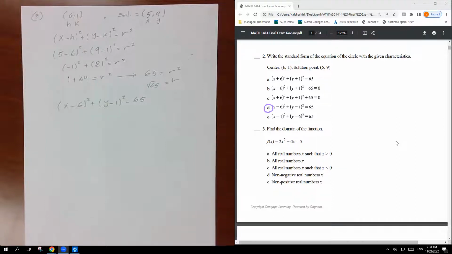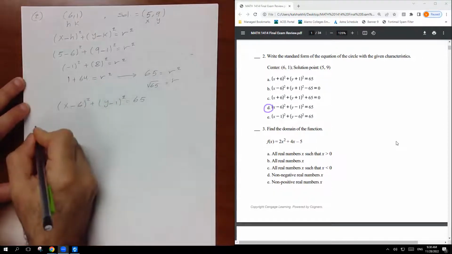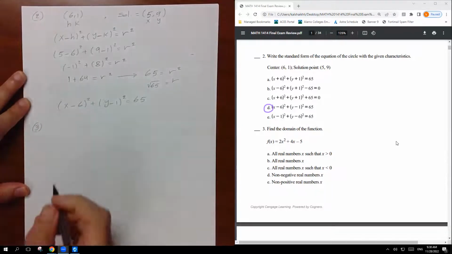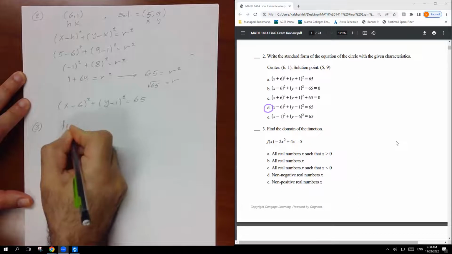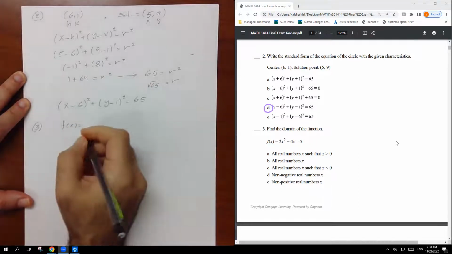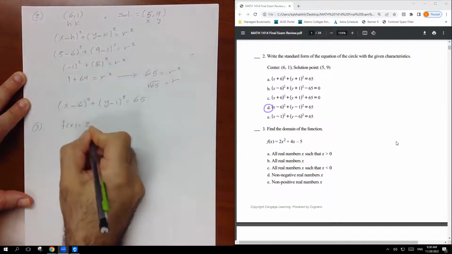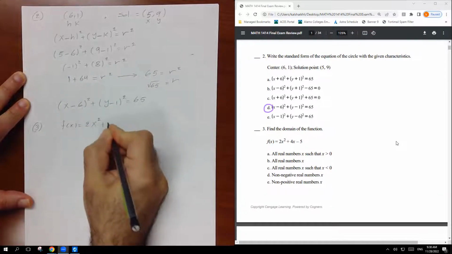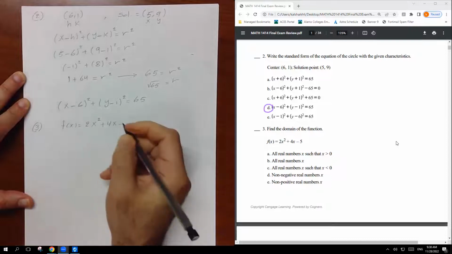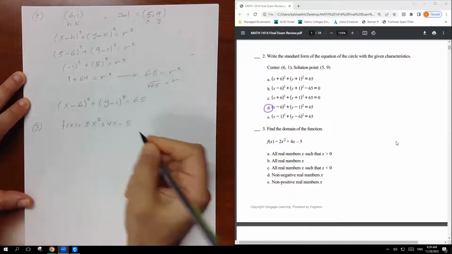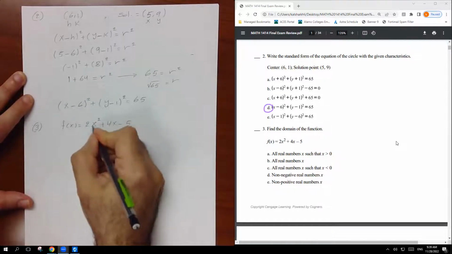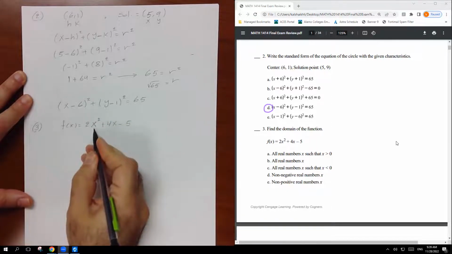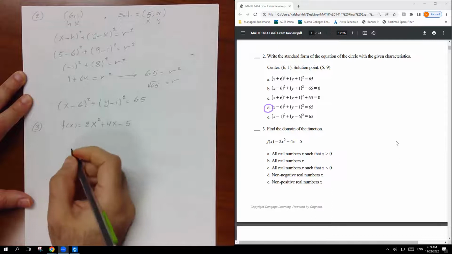For number 3, we need to find the domain for f of x equals 2x squared plus 4x minus 5. This is a quadratic equation. The parent function for the quadratic equations is x squared.